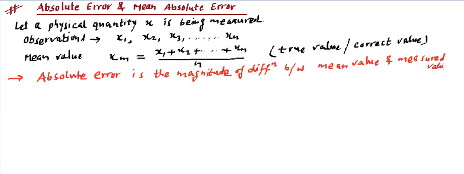This is how we define the absolute error. Absolute error is the magnitude of difference between this mean value or true value or correct value and the measured value.